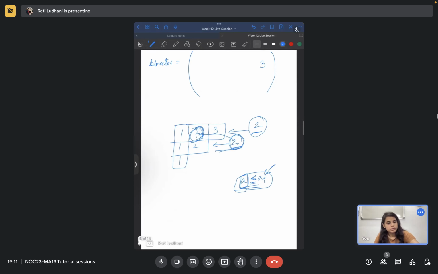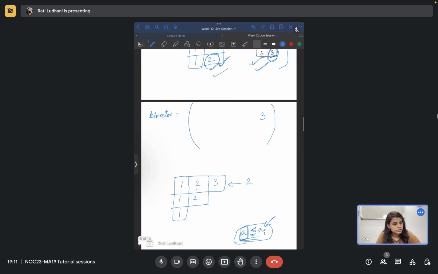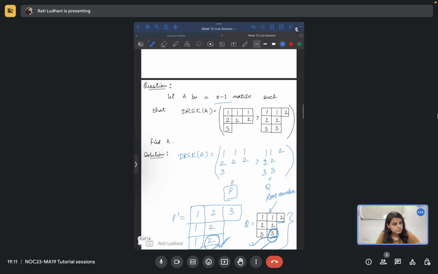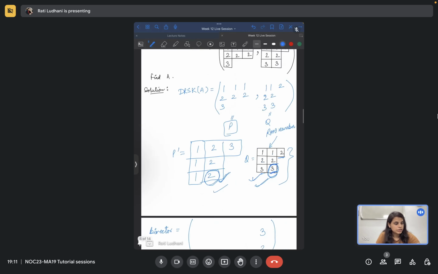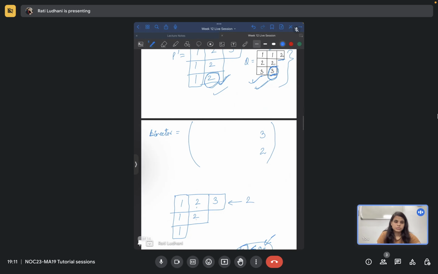So we must have inserted 2. So 3 and 2: you got 3, and corresponding to that you got 2.